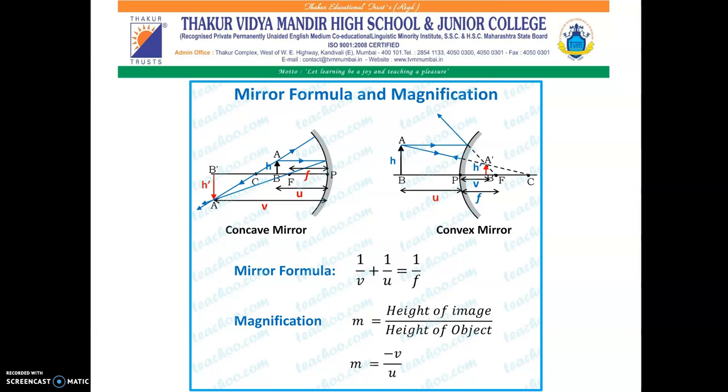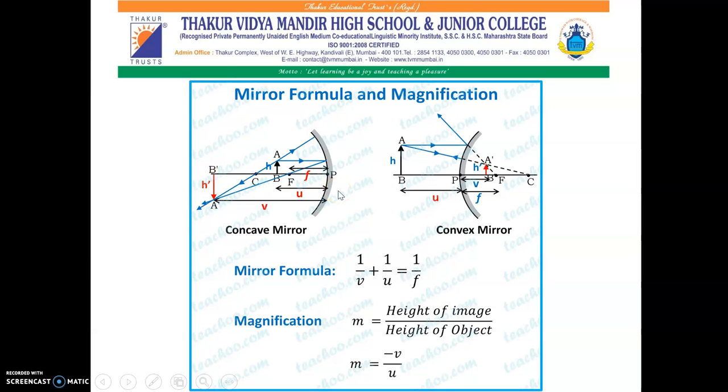Let us see the mirror formula. Concave mirror and convex mirror as well as the ray diagram are shown in the picture. We can get the correct values of distance by using the Cartesian sign convention. The object distance, that is u, is the distance of the object from the pole, while v is the distance of the image from the pole.